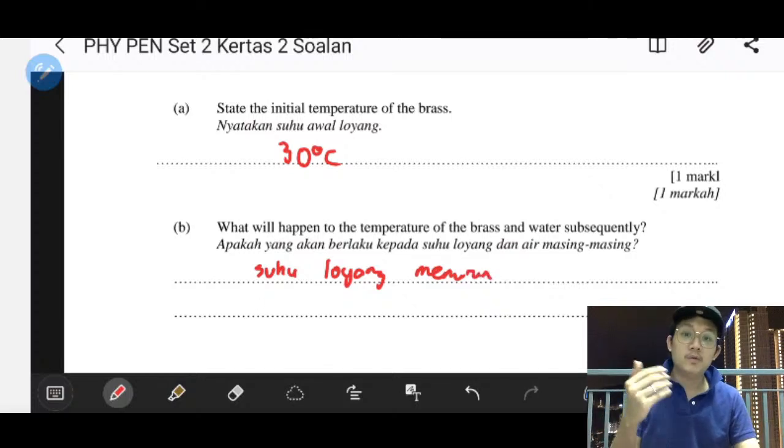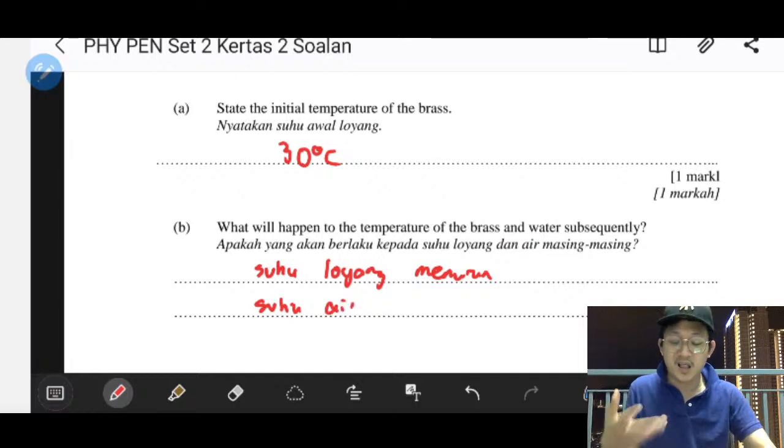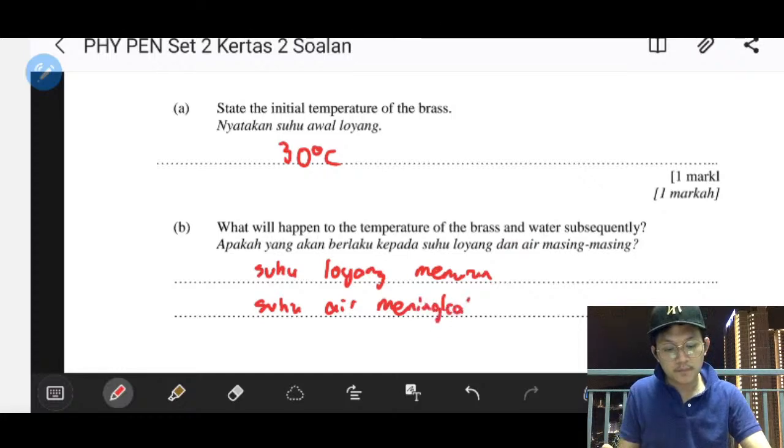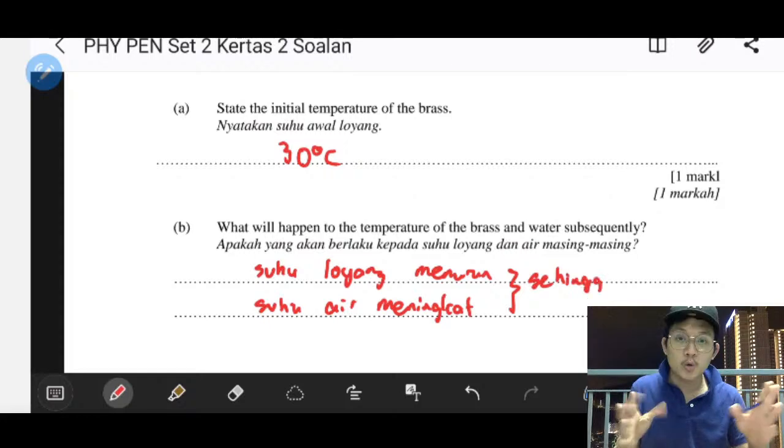This both is good enough. Okay, if you want, you can actually add on another point, but it's a little bit not necessary. You can add on the next point sehingga kedua bersuhu sama until the next two achieve the same temperature.